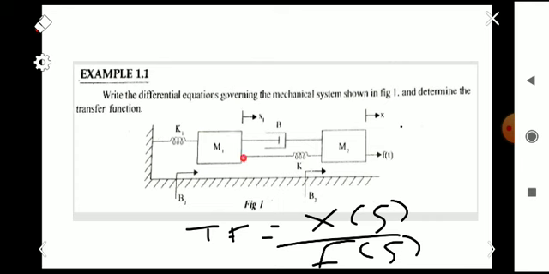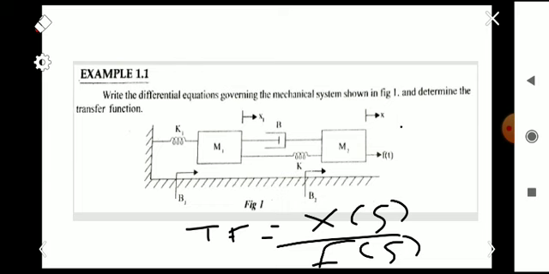For that we have to check what are the opposing forces acting on the body m1 and what are the applied forces. By observing the figure, there is no applied force on this mass m1, and of course there are opposing forces: the opposing force due to the spring k1, the opposing force due to the friction element b1, the opposing force due to the mass of the body itself m1, and the opposing forces due to b and k.